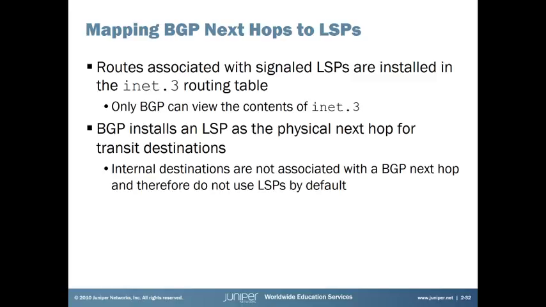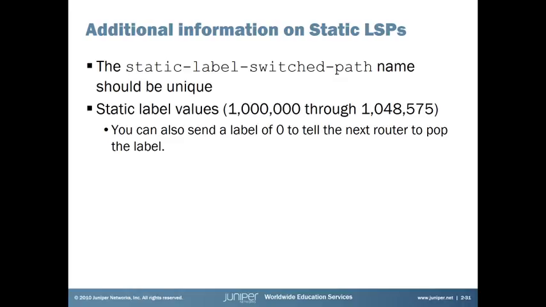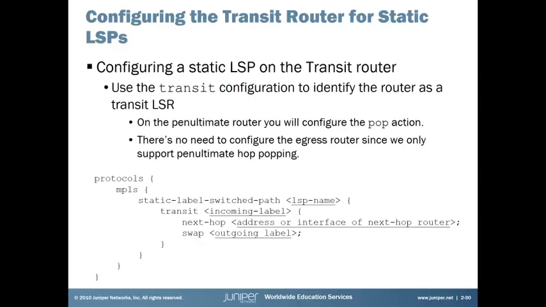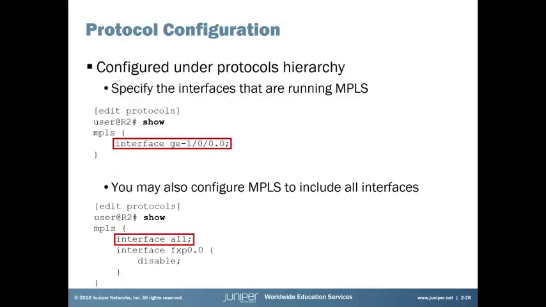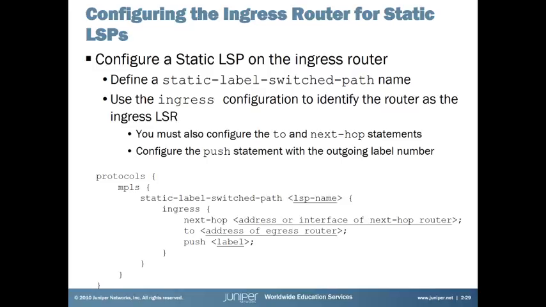Okay, so what have we discovered so far? Let's go back and look at the ingress router here. We've discovered that we set up the label switch path on the ingress router. We put the name, we put the next hop address, and we also define the egress router.